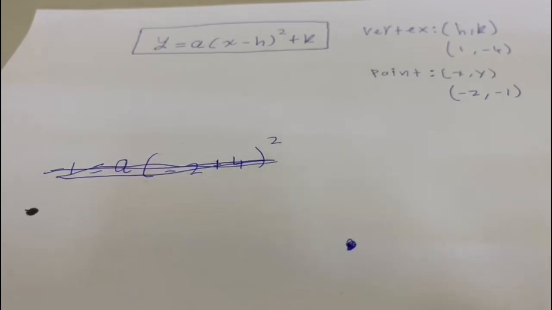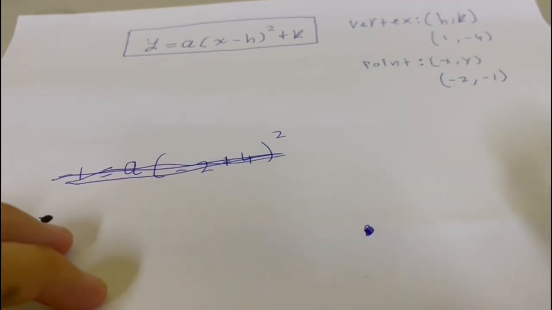We're going to start writing the equation of a parabola. The vertex (h, k) is given as 1 and -4, and the point (x, y) is given as -2 and -1. We start calculating.